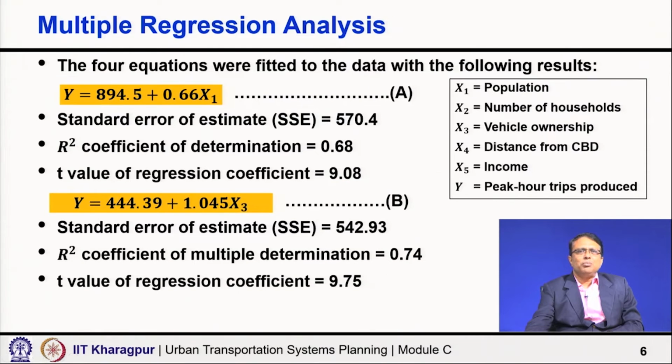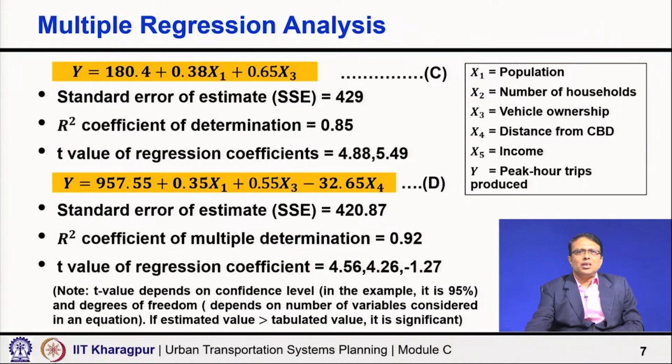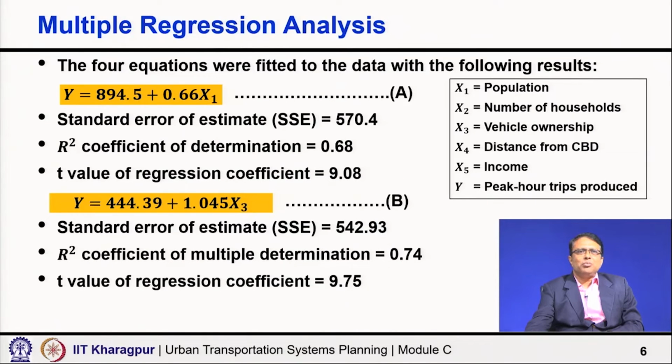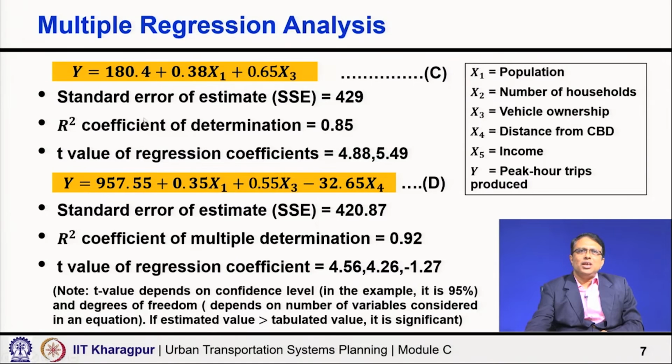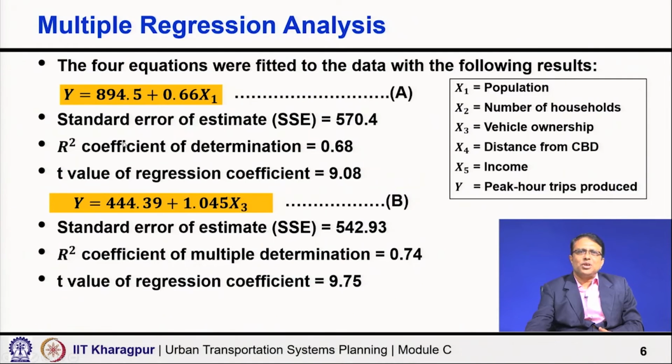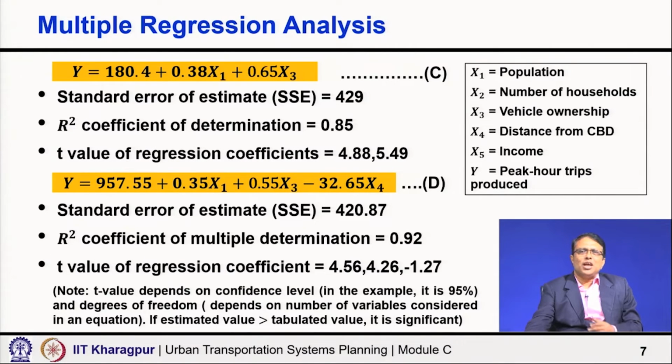But look at this, the unexplained component for A, B and C. The unexplained component here is the highest, 900 vis-a-vis nearly half of that, and compared to B, A is again further reduced, even less than half of that.